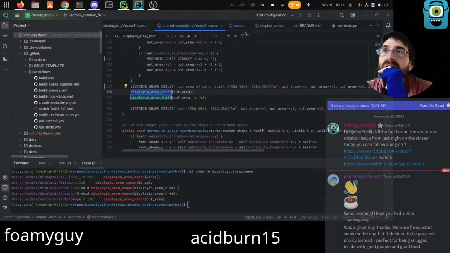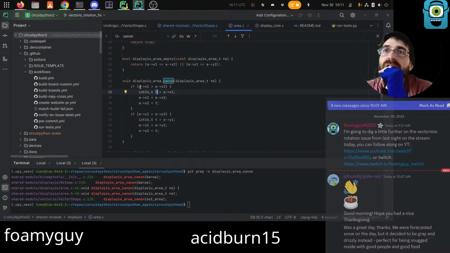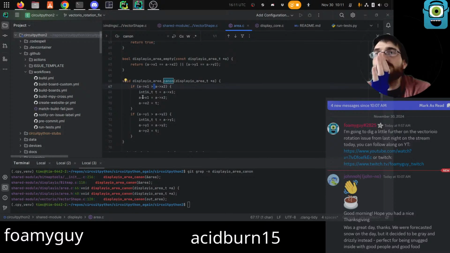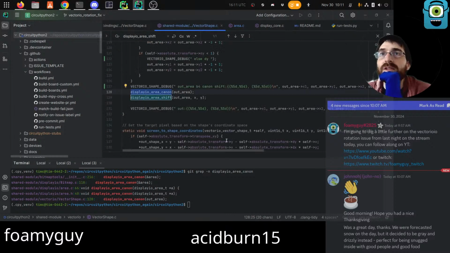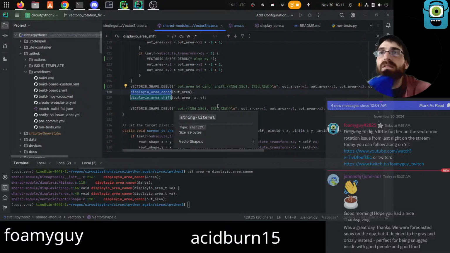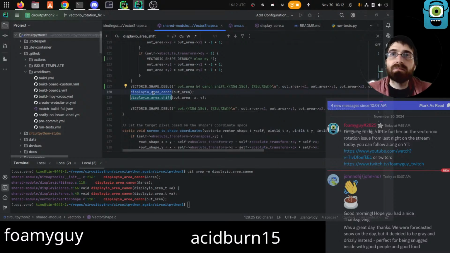Basically, if x1 is greater, then they get swapped. So it's putting them in ascending order. It wants the ones to be lower than the twos, which makes some sense for displays, kind of. And then we shift after that.